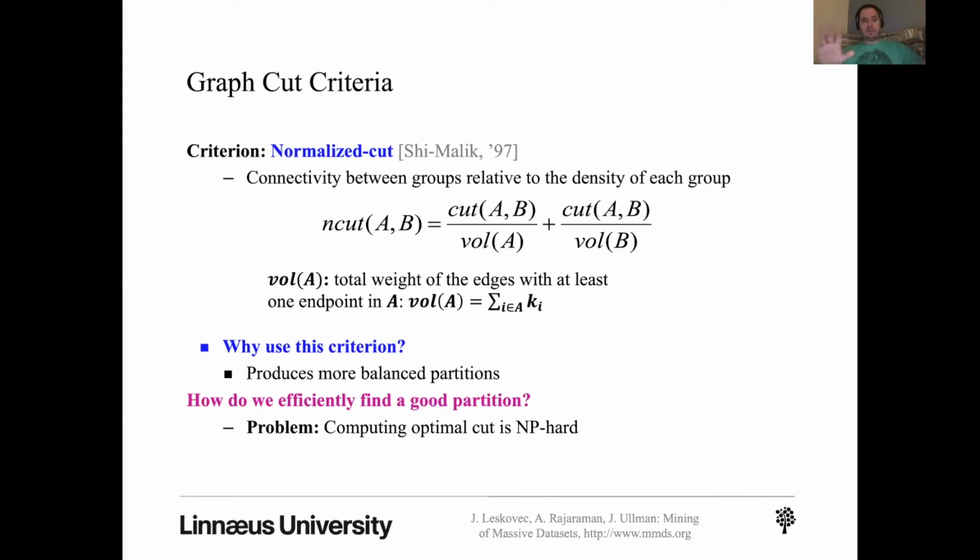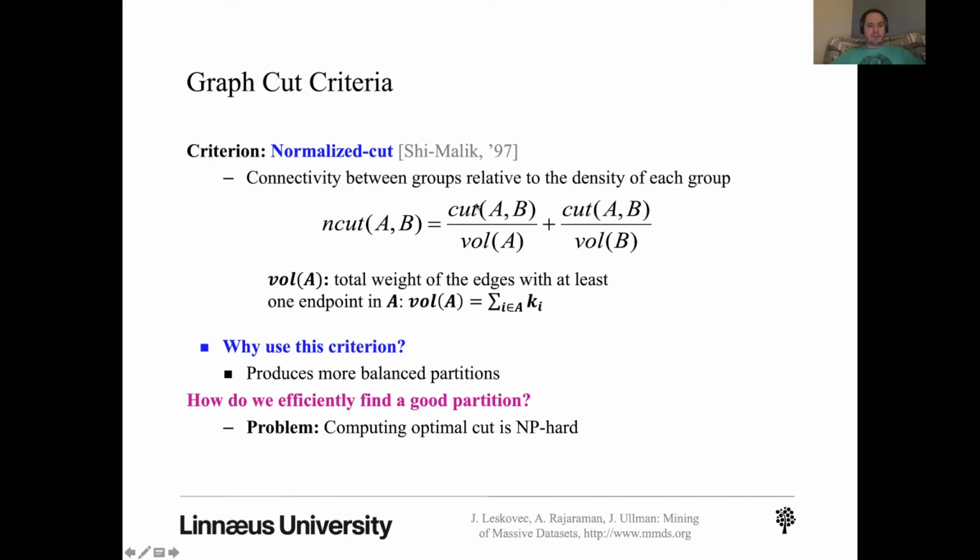But this is still a super interesting approach, and it's not necessarily superseded by the new one. They're kind of like competitors. And basically it defines that the normalized cut is not just the cut, but the cut divided by the volume of each partition.